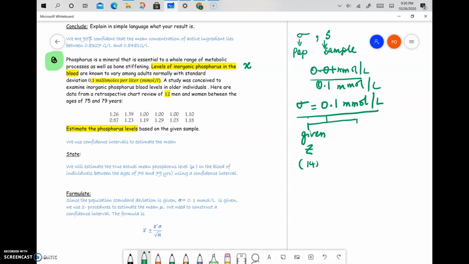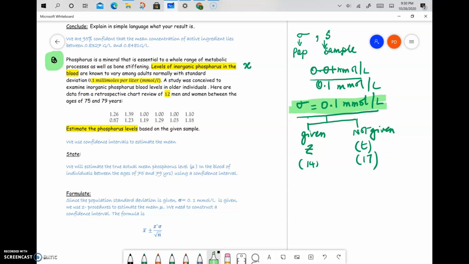And if sigma is not given, then we use the T procedures, which is chapter 17. So this is a very important thing to note. Is sigma given or not given? And whether it's sigma or S, which is the sample standard deviation, depends on the context of that particular situation.